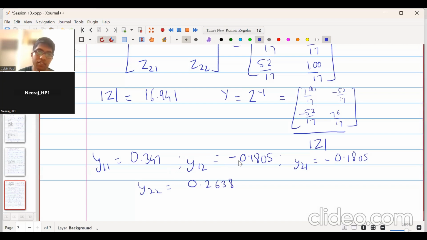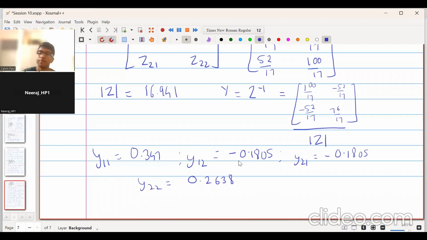So can you tell me, is this a reciprocal network? Yeah, it is a reciprocal network. Is it a symmetrical network?